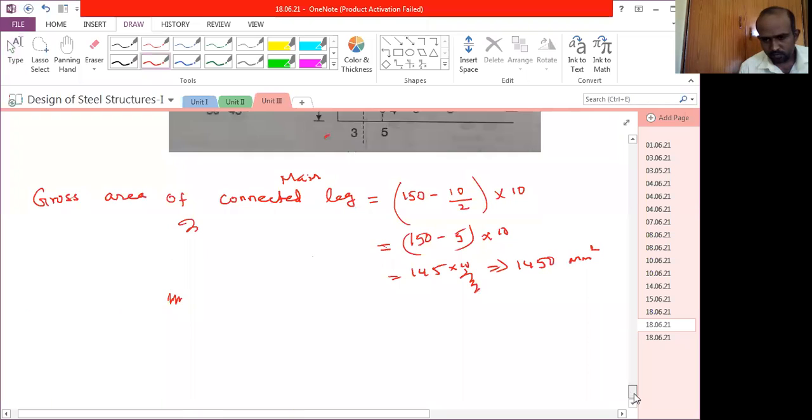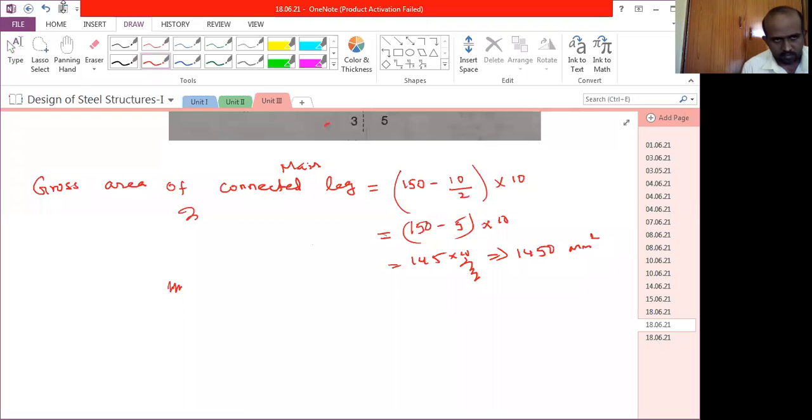Then the gross area of the outstanding leg. Please calculate the next one.